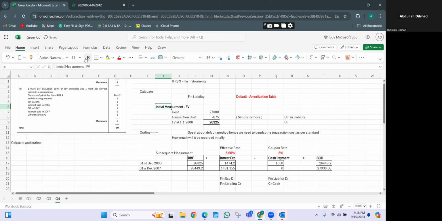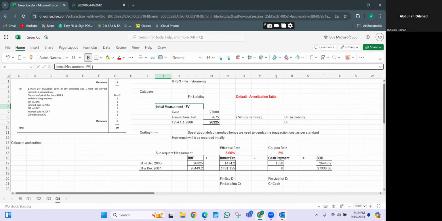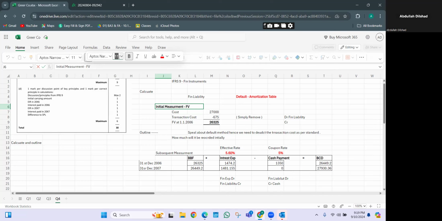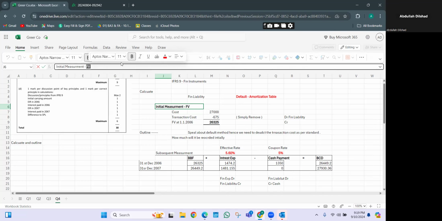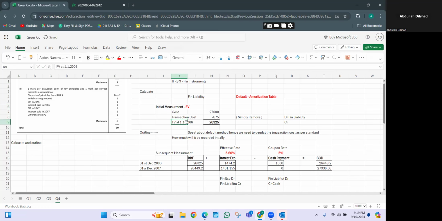Okay. And hopefully I'll remember that any initial measurement in terms of a financial instrument, it could be your financial asset as well as your financial liability, all those figures must be in terms of fair value. So the fair value on 1st January 2006, before the current year beginning, would be 26,325.